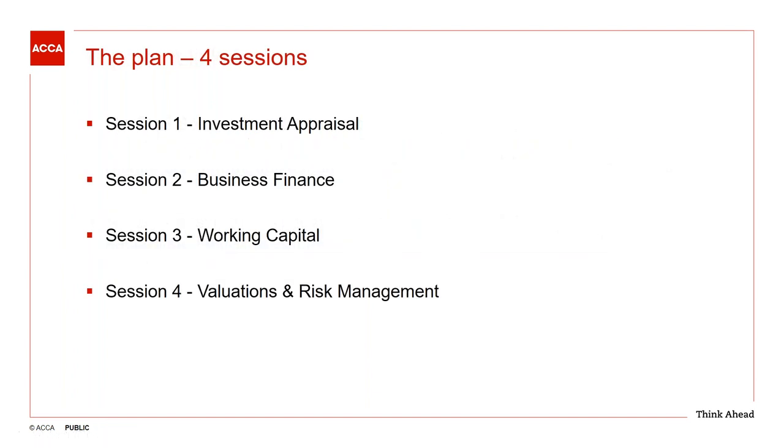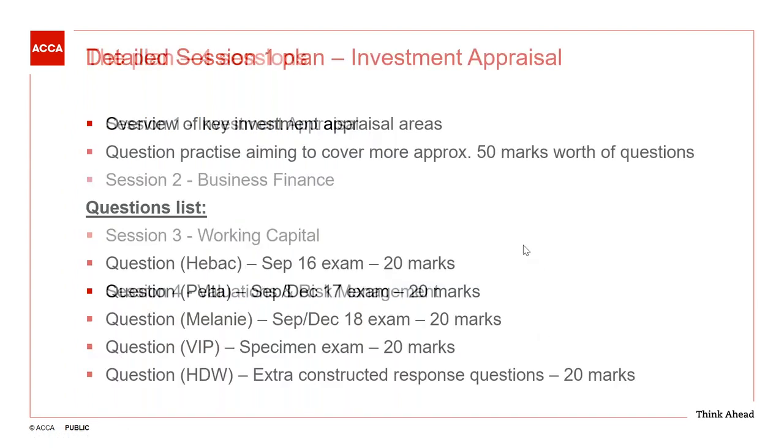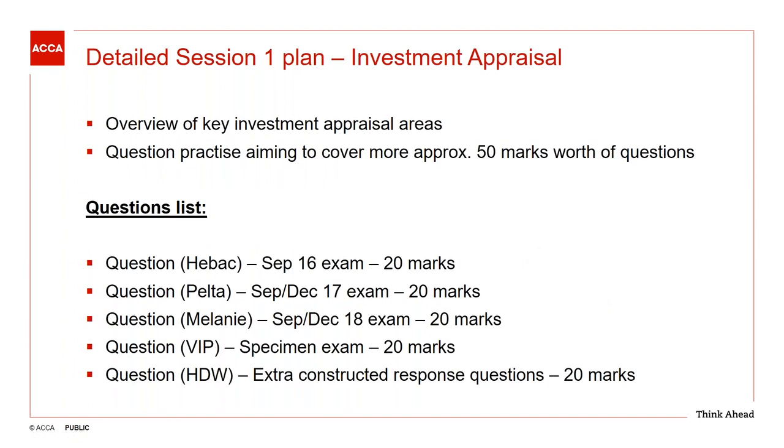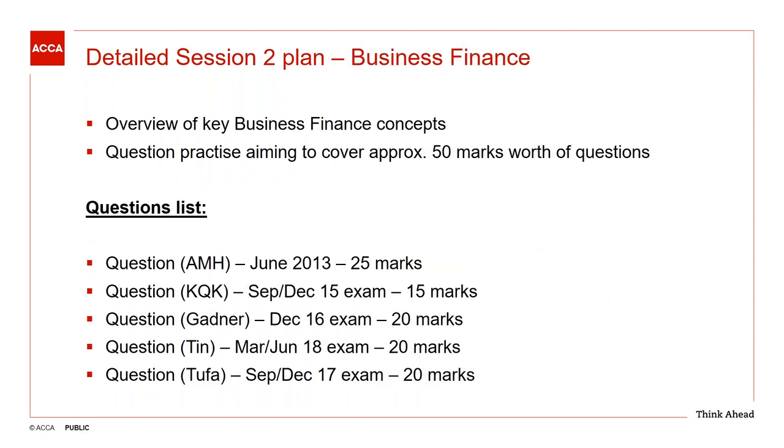So this was the plan. We're on to session 4 today. We've done something on investment appraisal, business finance, working capital, and now finally on valuations and risk management. We went through investment appraisal, some really good questions were there. We did 2 of them and some of them were homework. Then we did business finance where we also touched 2 questions, and some of the really good questions I also chose for your homework later.